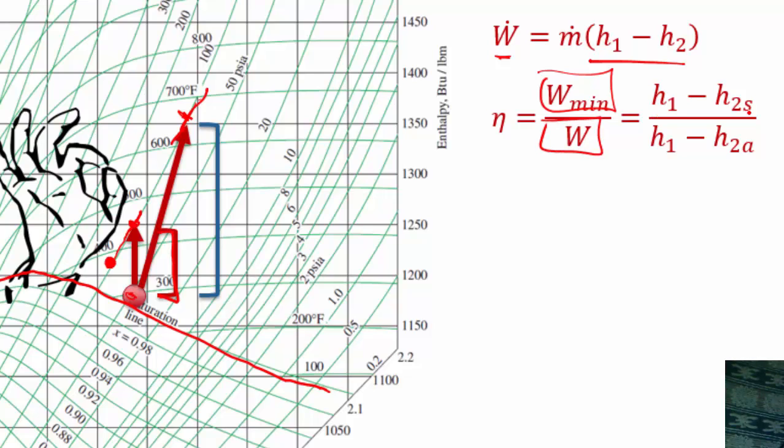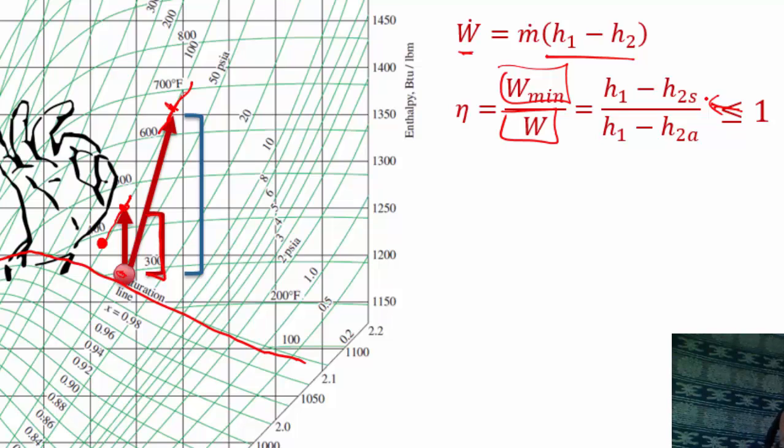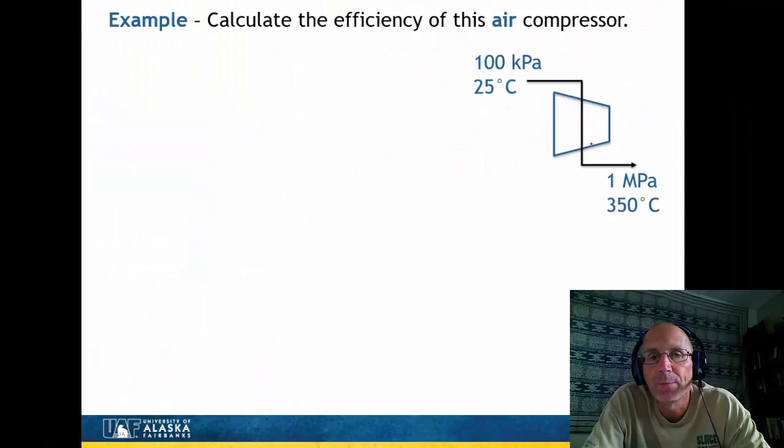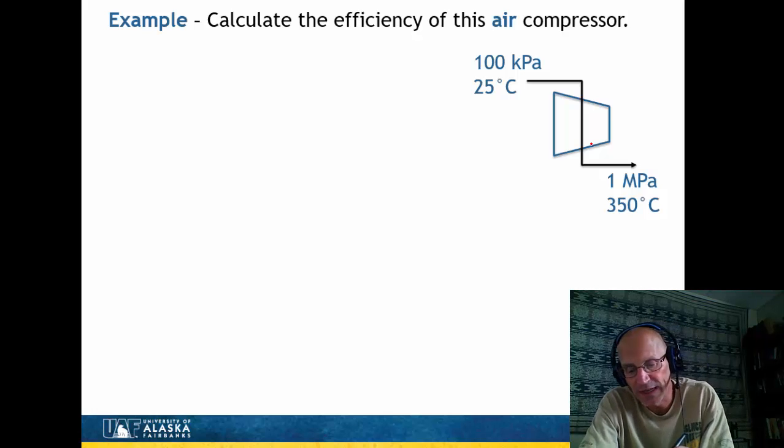The minimum work requirement means my outlet enthalpy is h2s, which would be the value at constant entropy. That value will always be less than or equal to 1. And that's one thing to realize if you've got the equation flipped over, is if you're getting efficiencies that are greater than 1.